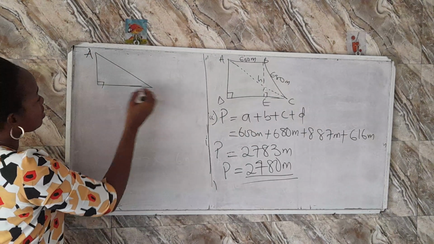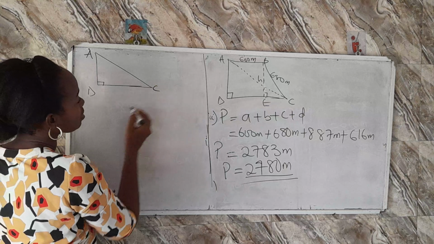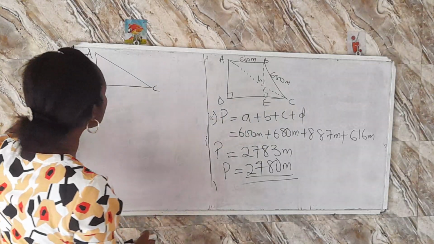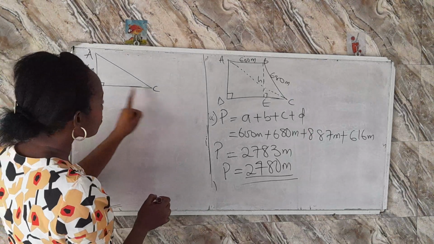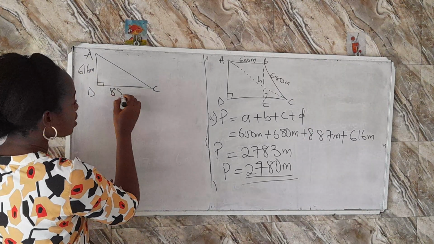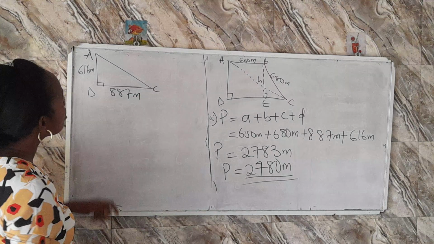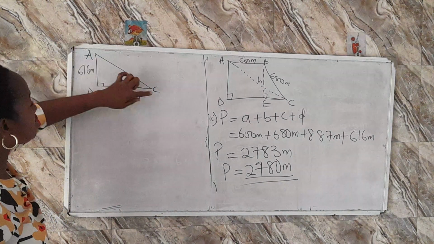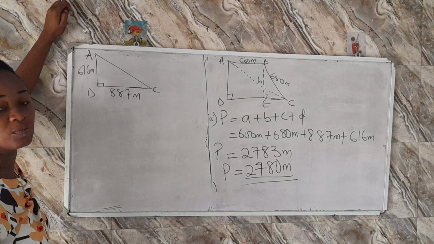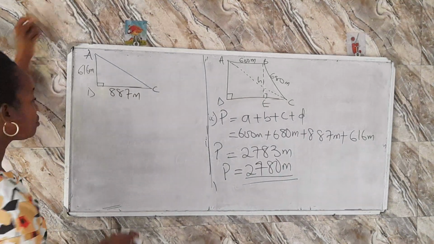This is A, D, and C. Recall, we've already gotten this to be 616 meters, and this quantity gave us 887 meters. So we are looking for AC. Observe that AC is the hypotenuse.